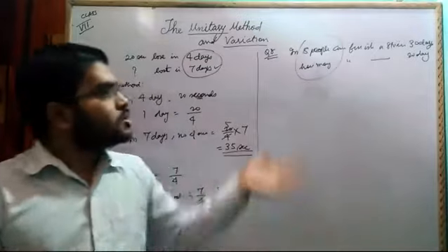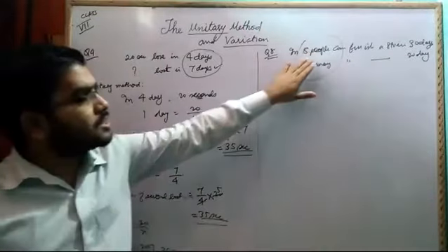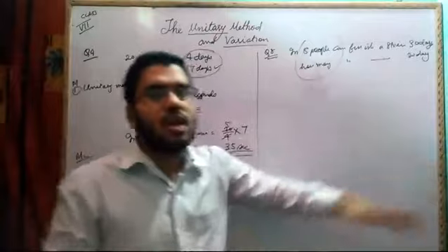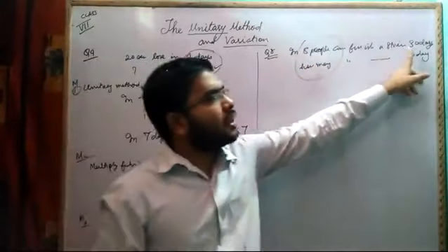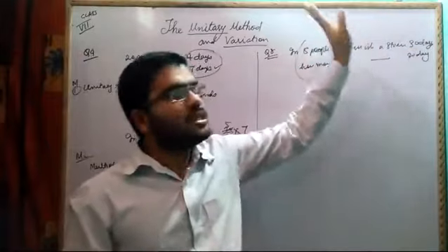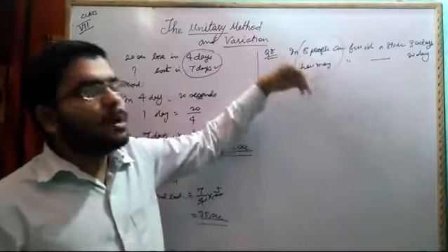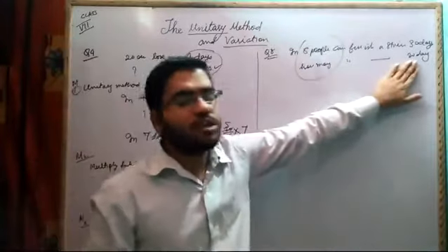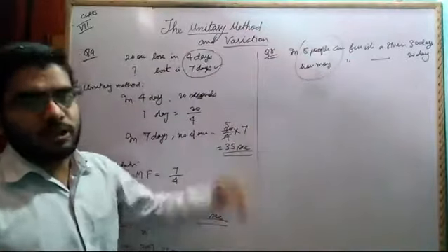Here it is the same case. The person has kept food in his hostel or some other function for 8 people, thinking they will stay for 30 days. But suddenly the number of people increases and the stock is going to be finished in 20 days. So we have to find how many people have come.